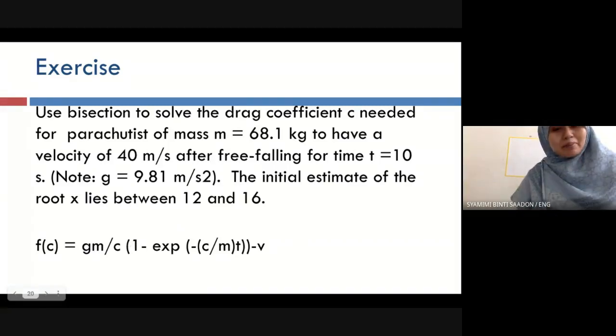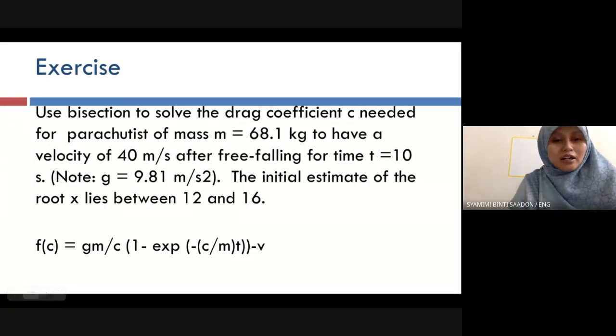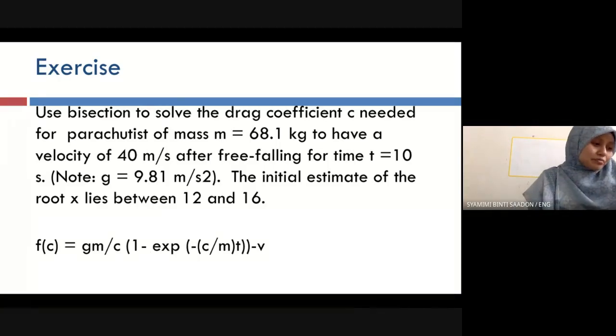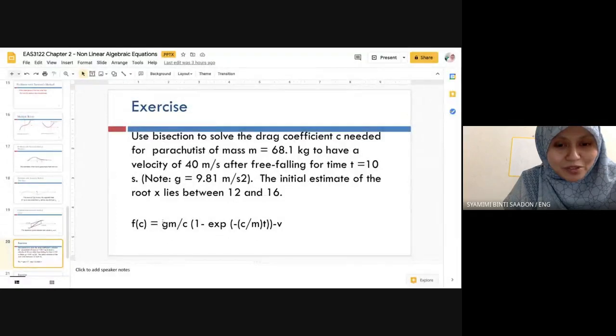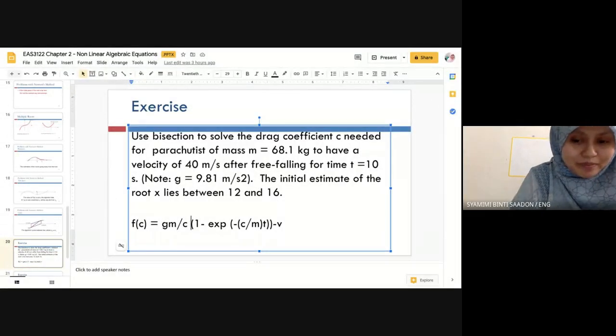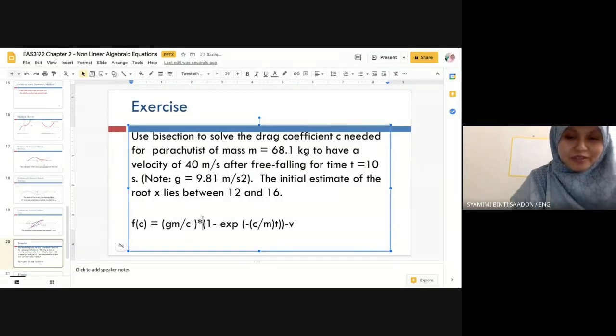f(c) equals gm, g gravity, m mass, over c, the drag coefficient. So c is the root that we want to search for here. I should have put this is c. So c lies between 12 and 16. There should be a bracket here so you won't get confused.